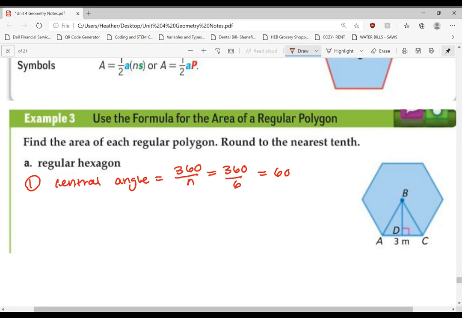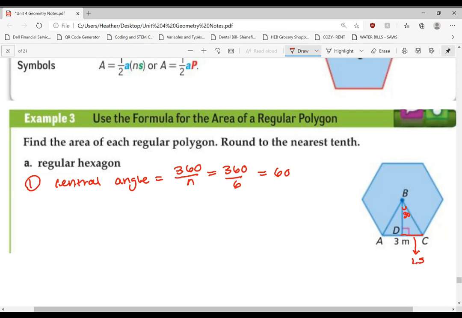So DBC is 30, because remember, an isosceles triangle has an angle of 60 right here. If it's half of it, because it bisects, then it's 30. It also bisects AC. So DC, which is this part, is 1.5 because it's half of 3.